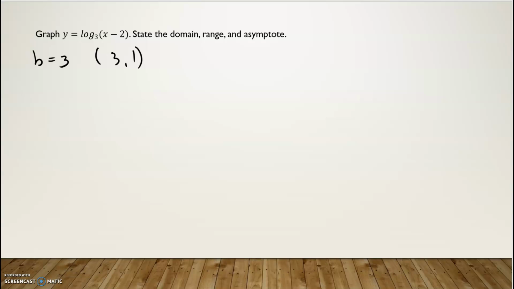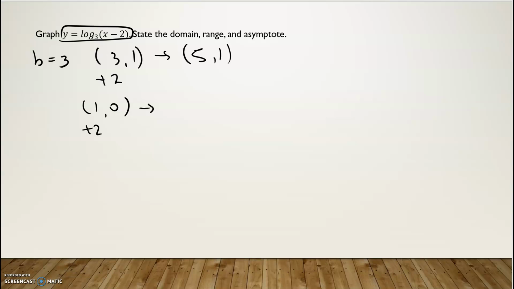Here, we have gone to the right by 2 units. So I need to add 2 to this. So this would be 5, 1. And then the other point that we had was 1, 0. But again, since we moved to the right by 2 units, I need to add 2 to this. So this will be 3, 0. So there's 2 points right there.